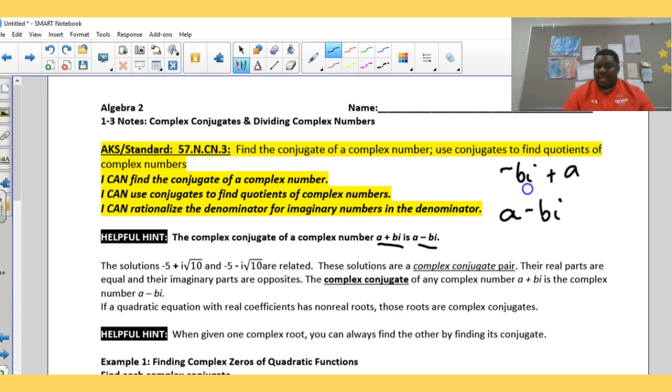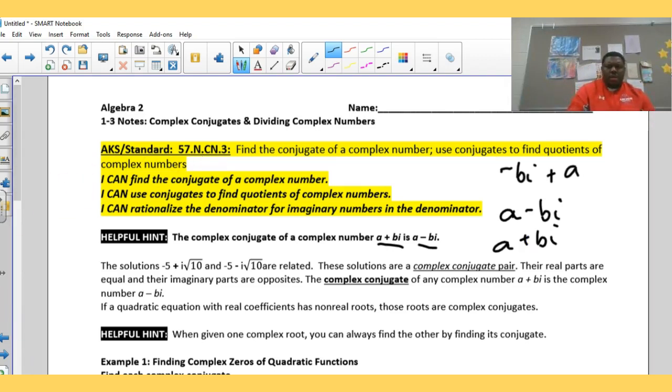The minus is in front of bi. Now find the complex conjugate, a plus bi. So make sure you put it in standard form first, and you'll always get that part right. The complex conjugate is literally changing the sign in front of the imaginary part.